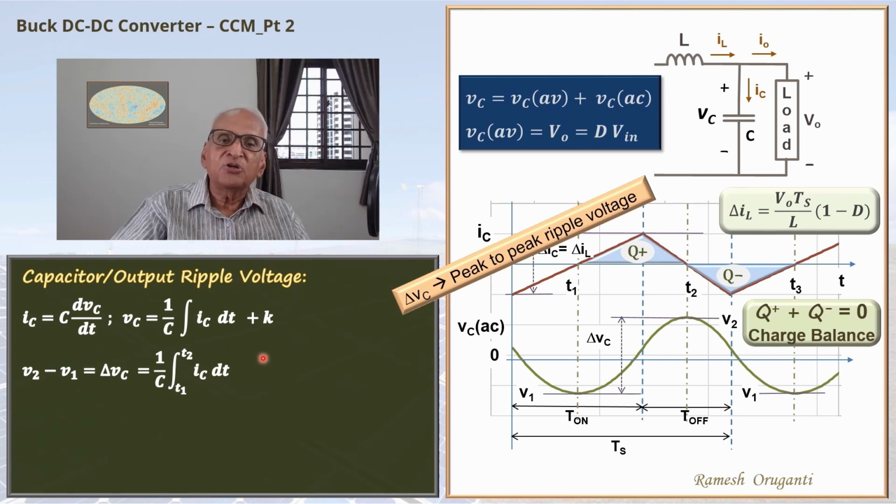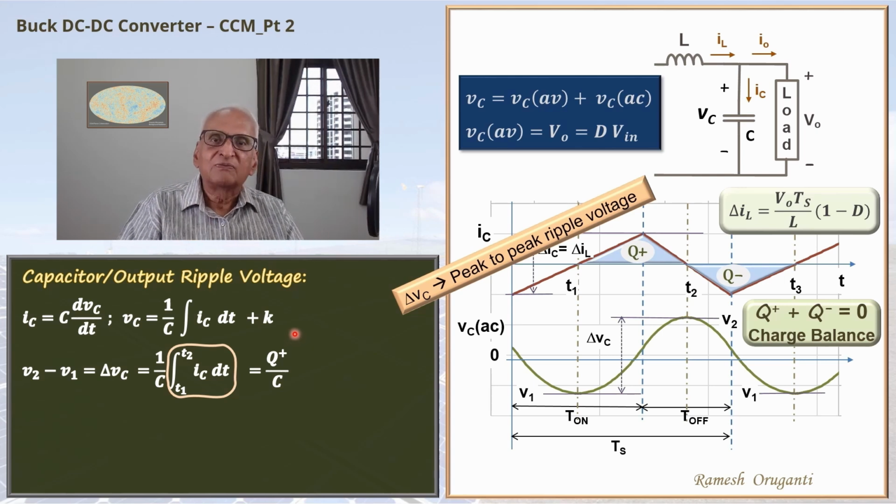And integral T1 to T2 IC dt, that is Q plus. So this equals Q plus by C. So the charge going in, or the magnitude of the charge going out, divided by C will give you the peak-to-peak ripple voltage. As I mentioned, this is a very important parameter in deciding the quality of the DC voltage.